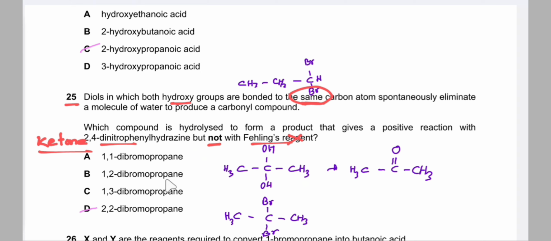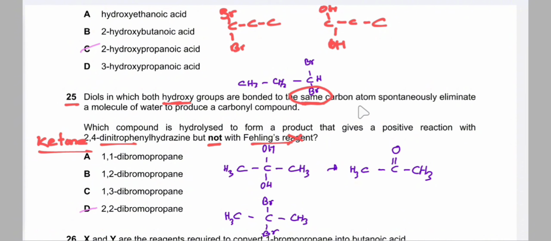For each of these reactions, the first is 1,1-dibromopropane. So meth, eth, propane, and 1,1-dibromopropane is hydrolyzed to form this product, that is OH, and the OH groups are attached to this carbon atom. So this can be hydrolyzed. Here we are told the hydroxyl groups are attached to the same carbon atom.